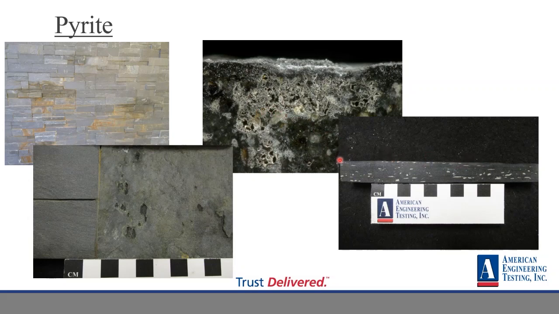And again, this other picture here, cross section of a stone that was not used in service. So there was no reactivity, but all these little brassy spots are pyrite. I mean, that's a lot of pyrite.